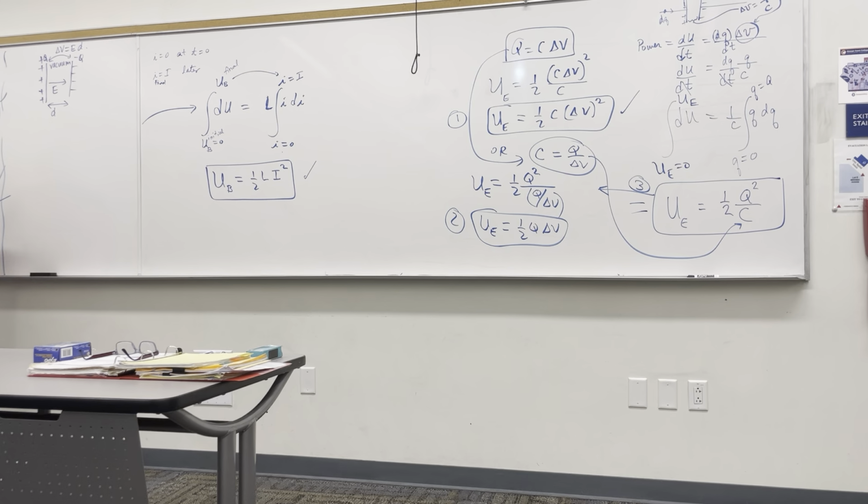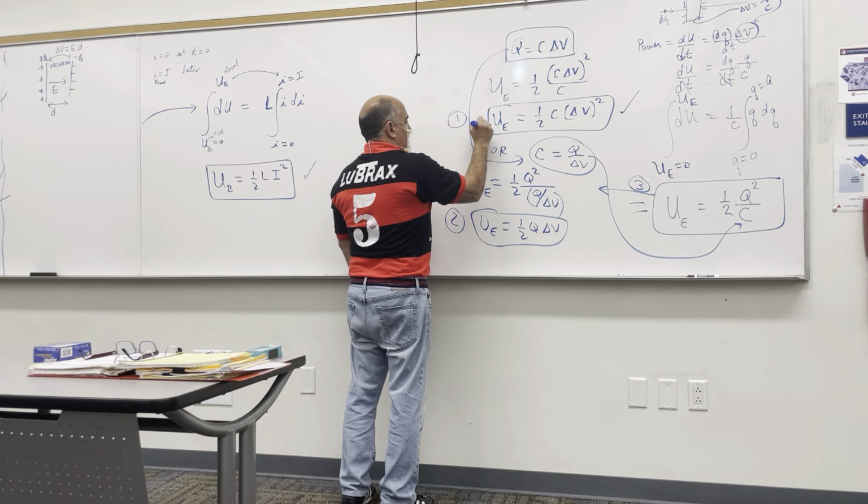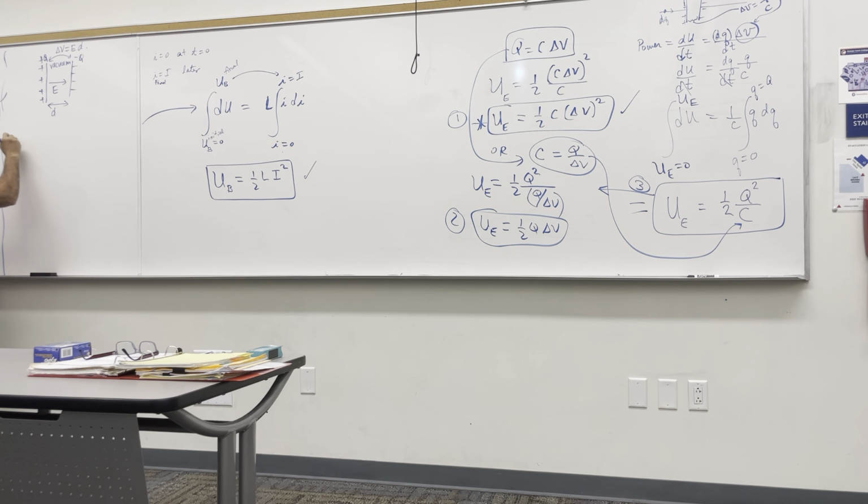So I did a calculation in my notes where the total energy stored in the capacitor, this is electrical energy, is 1/2 times the capacitance times the potential difference squared.